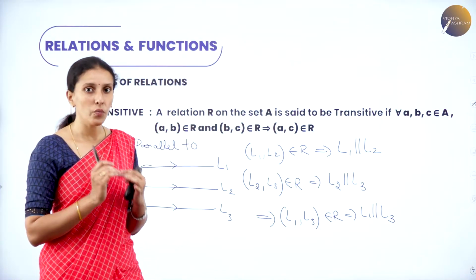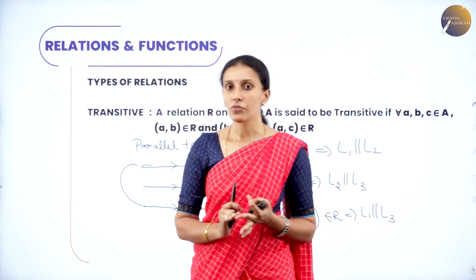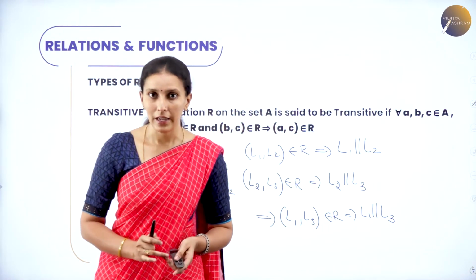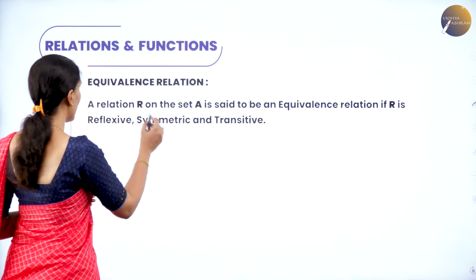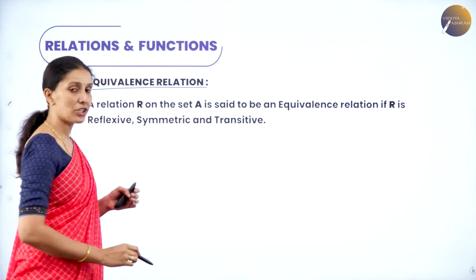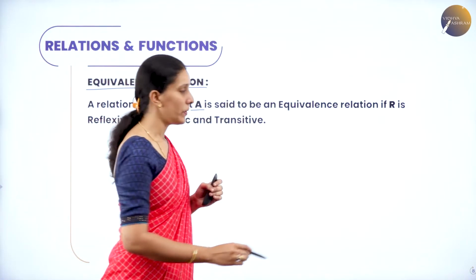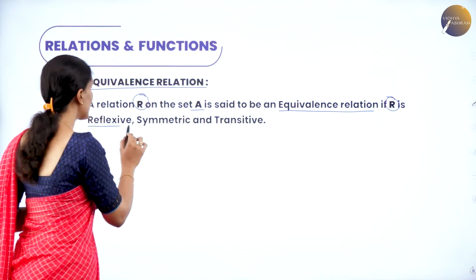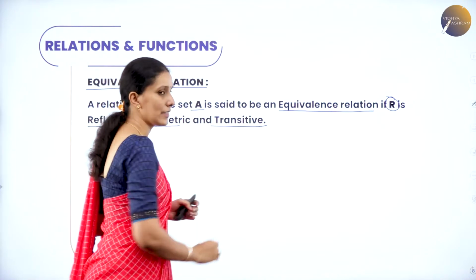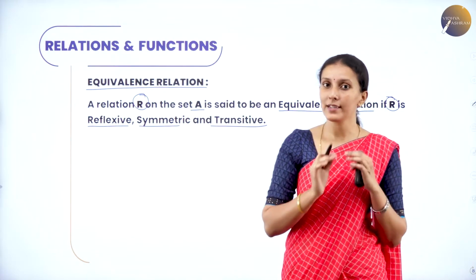So this is how we define the reflexive relation, symmetric relation, as well as the transitive relation. Now we have an equivalence relation. What does this equivalence relation mean? A relation R on the set A is said to be an equivalence relation if R is reflexive, symmetric and transitive. All the relations cannot have all the three properties satisfied.